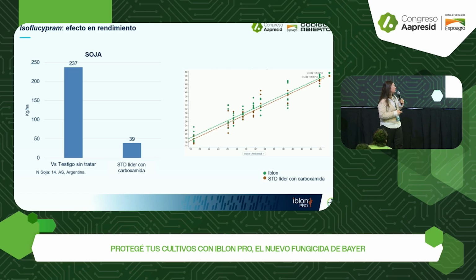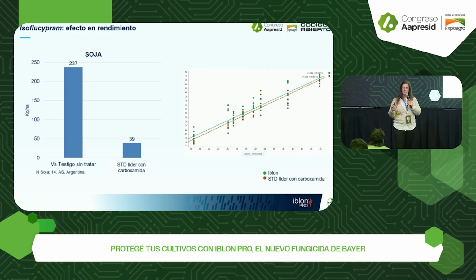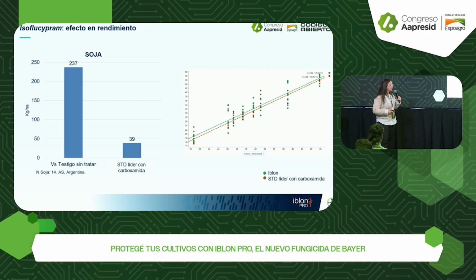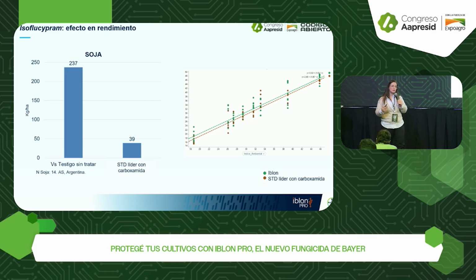Basically, here you will see two lines that summarize yield by environmental index. You can see those two regression lines. The green line shows the 350 cubic centimeters of Iblon Pro. The brown line shows the leading standard with carboxamide.